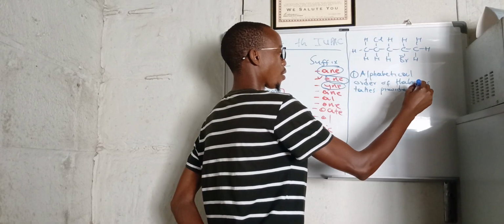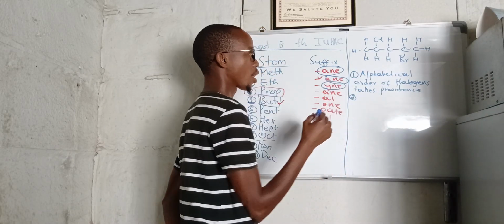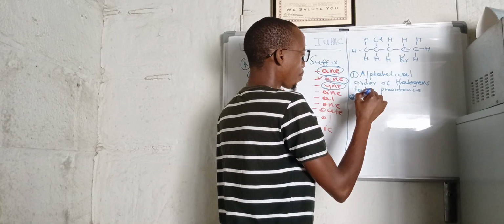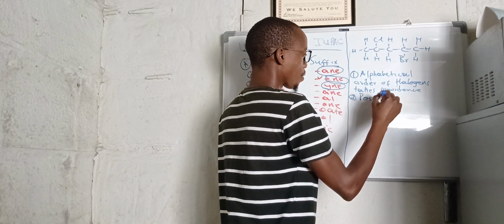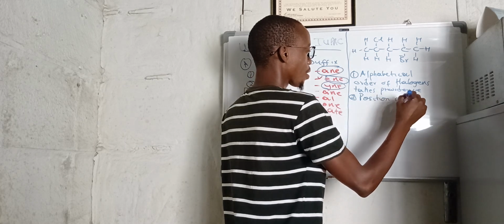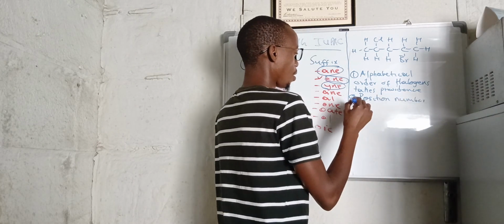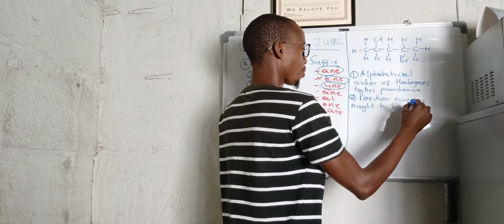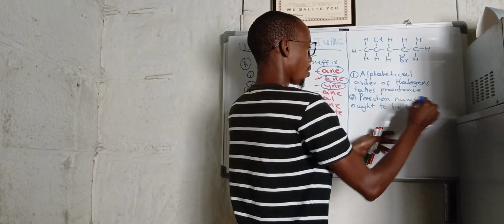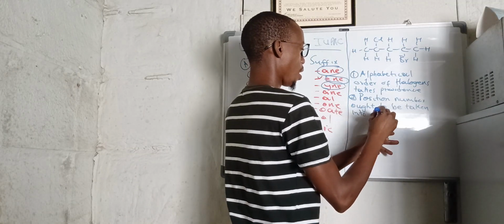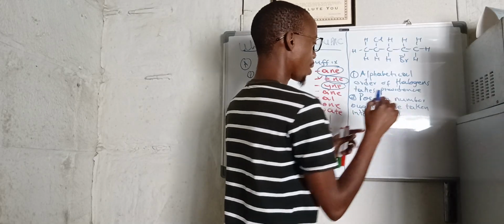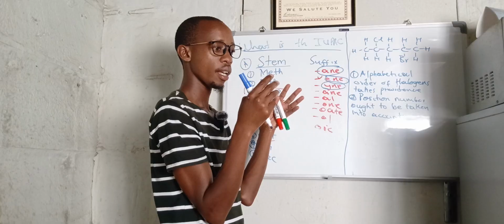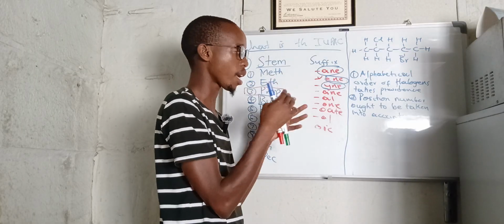And number 2, the position numbers ought to be taken into account. What does this mean? I'm going to give you two names of this molecule, and then we will check the positions of them, and decide from there.